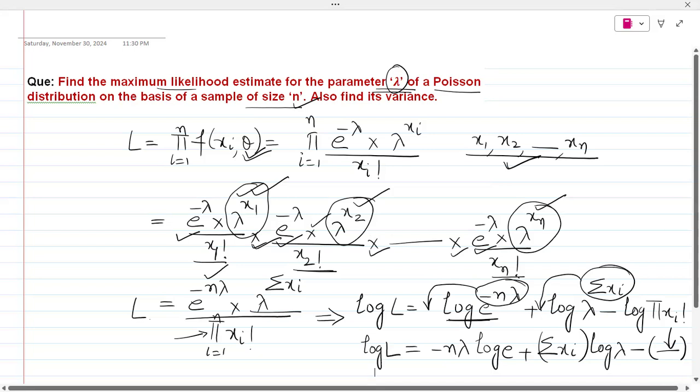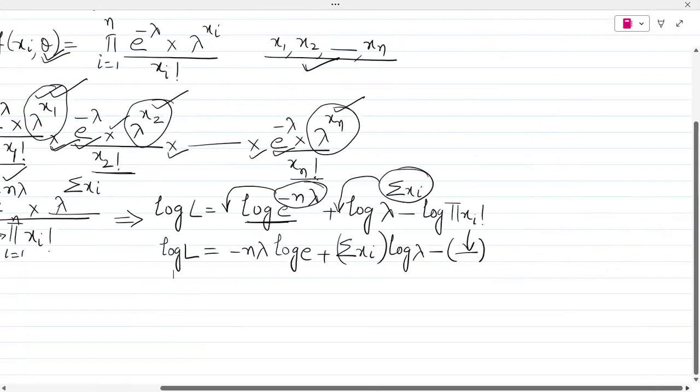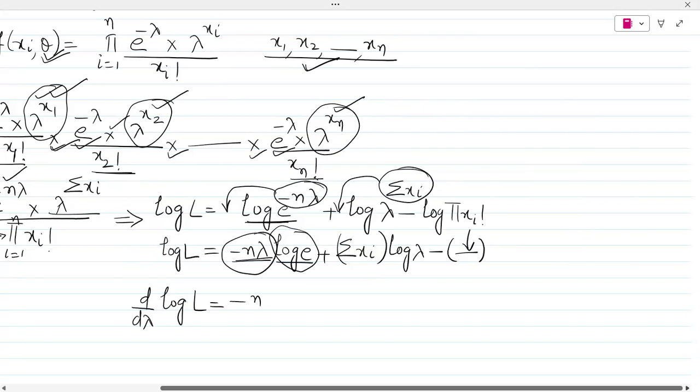And what is log e? It is 1. So it is only minus n lambda. Now d by d lambda of log L, what is its derivative? It will be minus n into 1, plus summation xi into 1 by lambda.